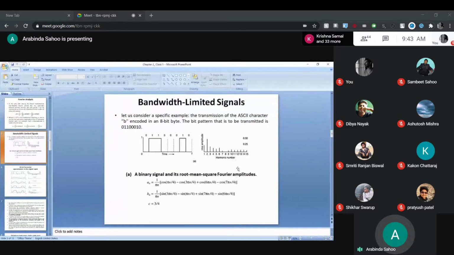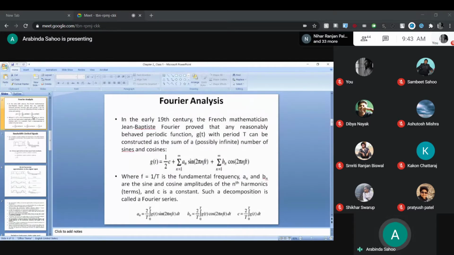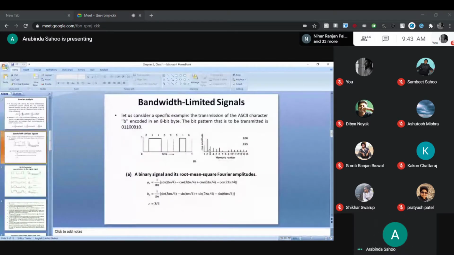The harmonic number varies from 1 to infinity. So this second figure basically represents the harmonic number versus the mean square amplitude.